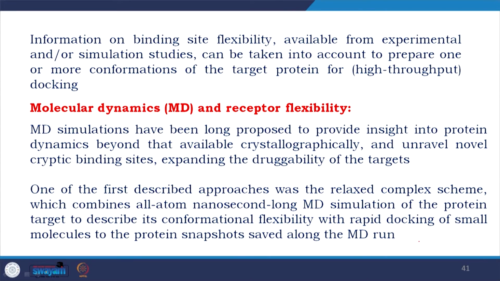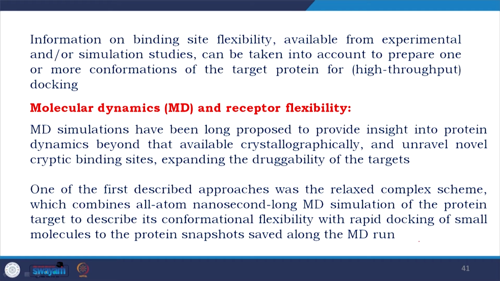One of the first described approaches was the relaxed complex scheme, which combines all-atom nanosecond-long MD simulation of the protein target to describe its conformational flexibility with rapid docking of small molecules to the protein snapshots saved along the MD run.